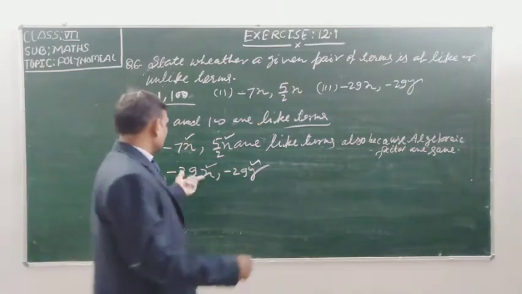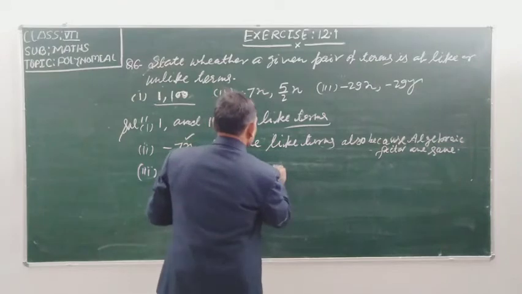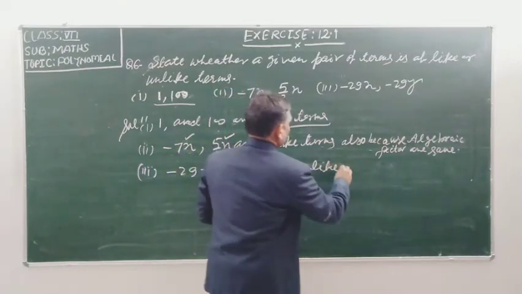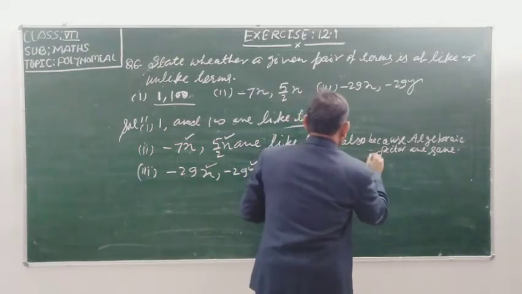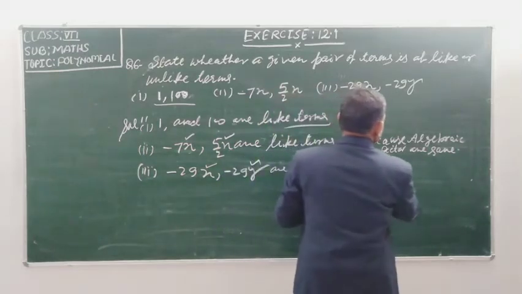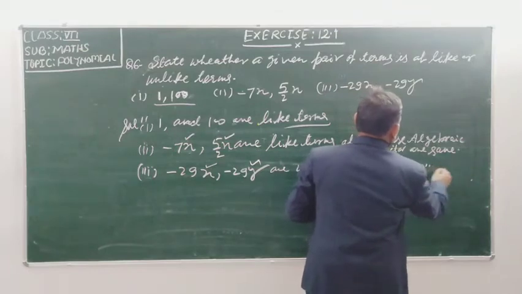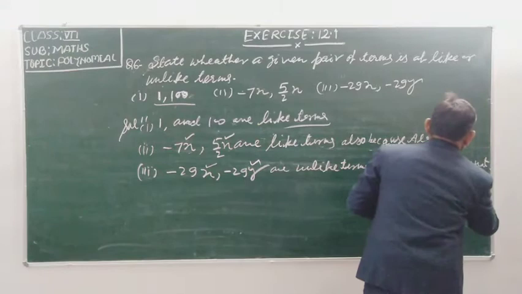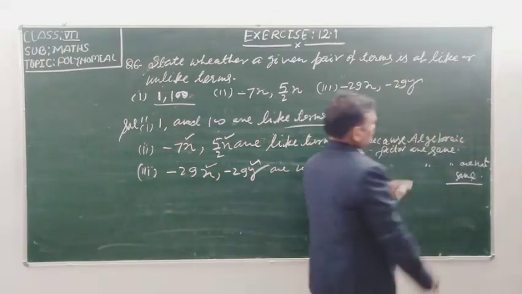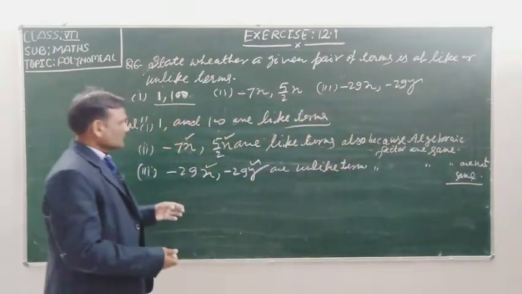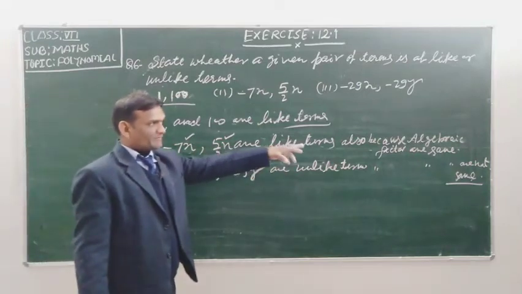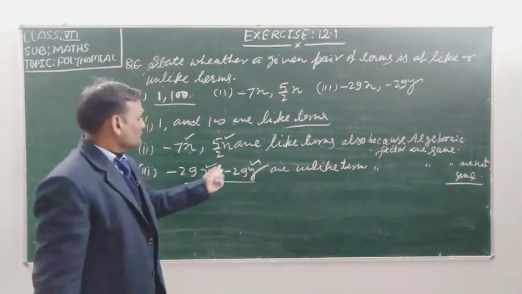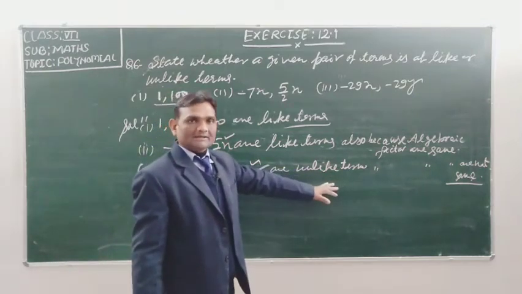So you can say easily that these are unlike terms because algebraic factors are not same. In your reason you will write algebraic factors are not same. So this is unlike terms, student.